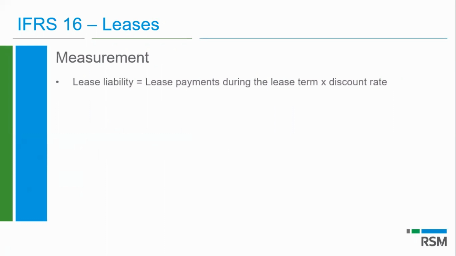But the lease liability is pretty much a straightforward calculation. We'll go through each aspect, being the lease payments, the lease term, and the discount rate, in slides to come. Your lease liability is the lease payments over the lease term at a discount rate. Quite straightforward.